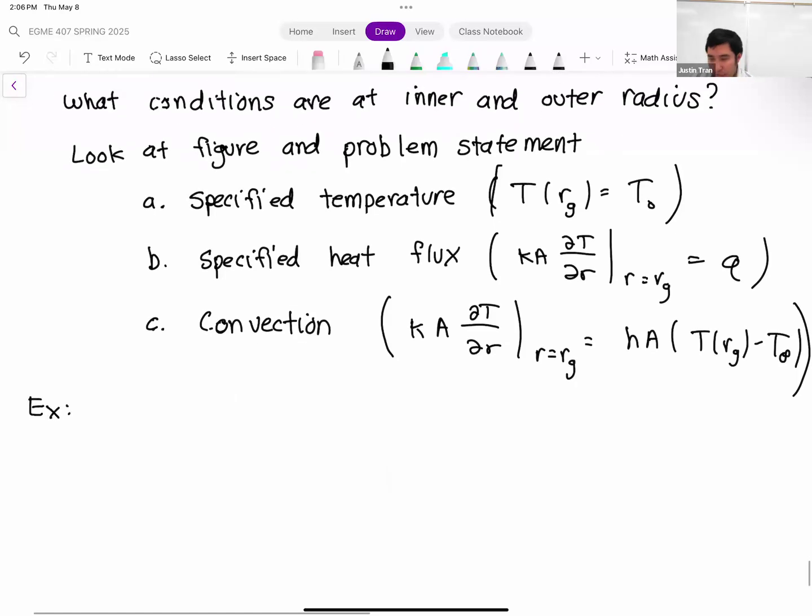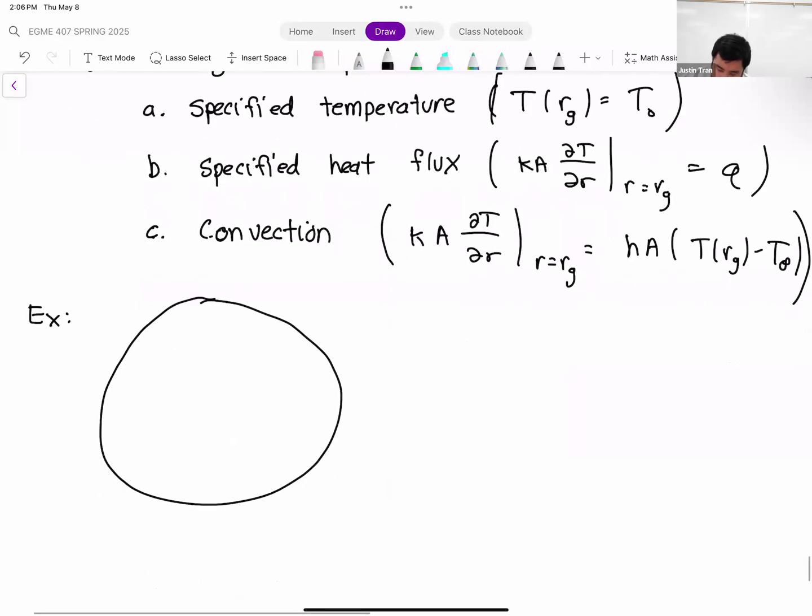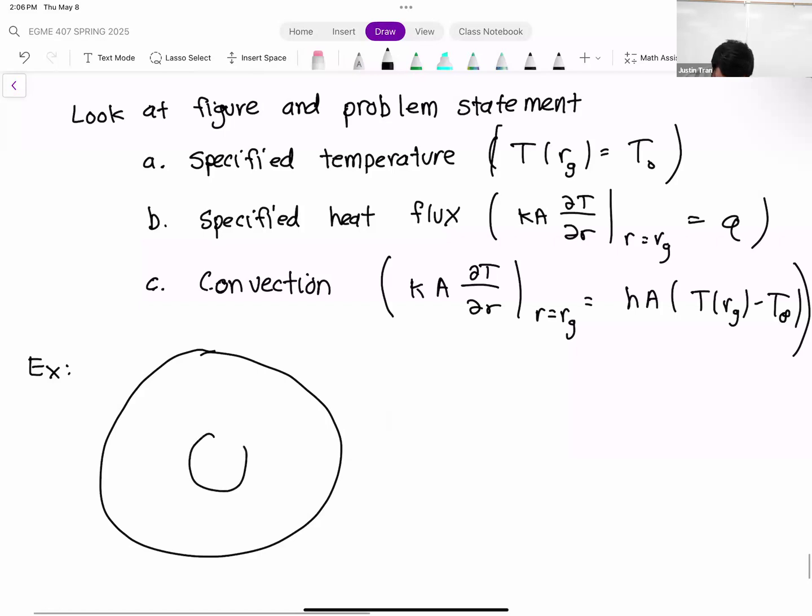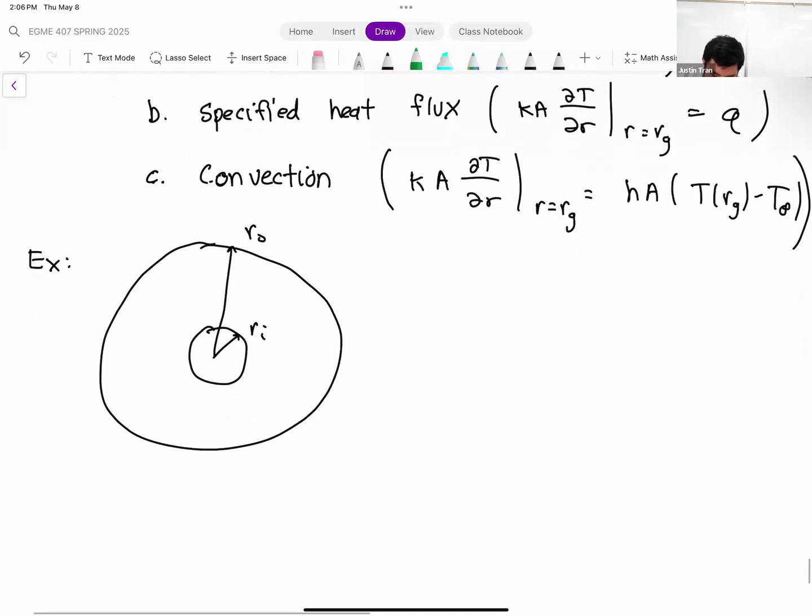So for example, let's say that we have a generic cylinder here. We have an inner radius, Ri, and outer radius, Ro. And let's say that our boundary conditions look like the following. At Ri, the temperature at the inner radius of the cylinder is given as Ti.